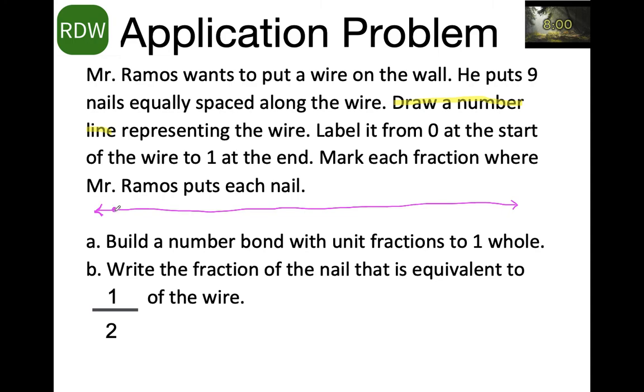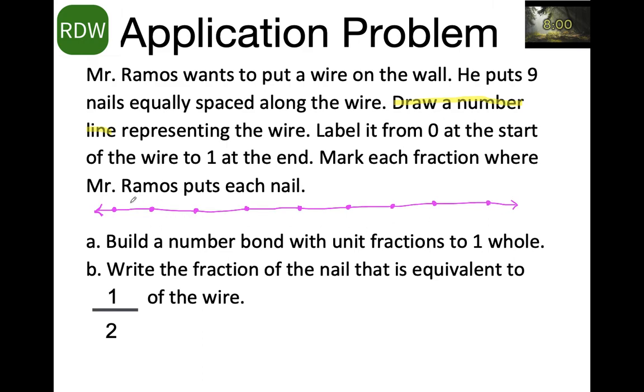So I have 1, 2, 3, 4, 5, 6, 7, 8, 9. I'm going to just double check.